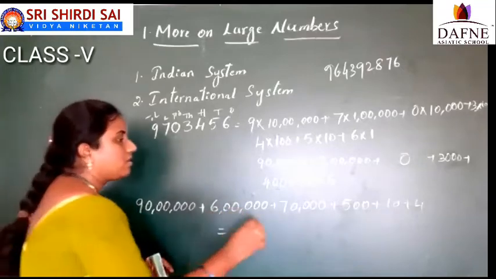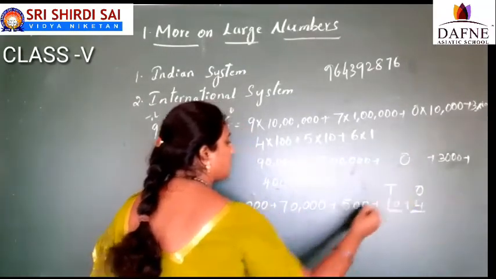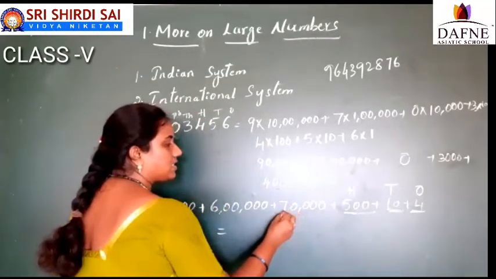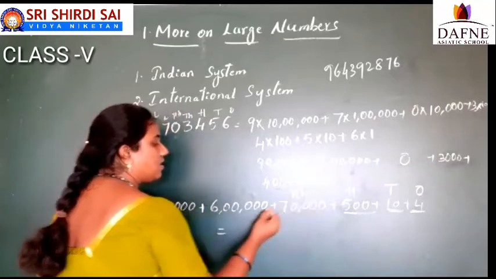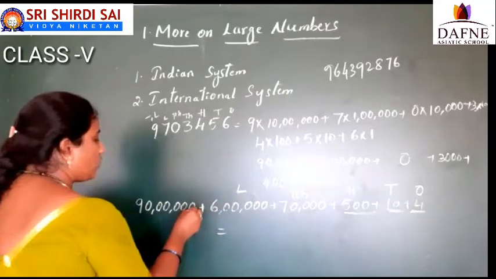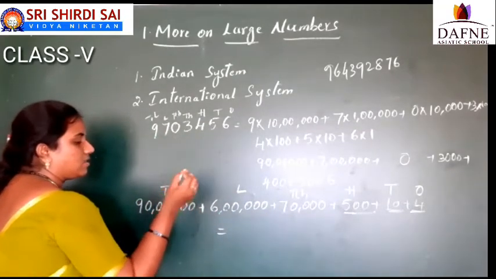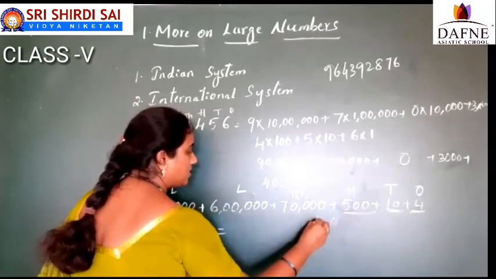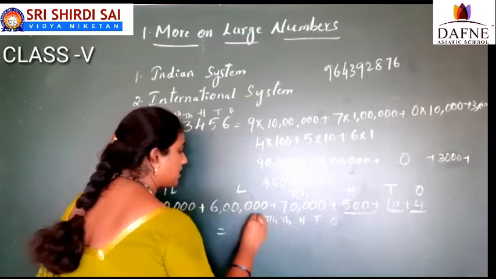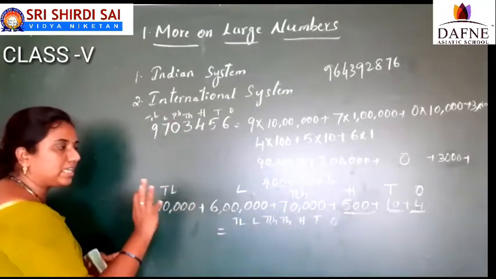See here, this is which place? Ones place. And this one is tens. And this one is hundreds. See here: ones, tens, hundreds, thousands, 10,000s, lakhs, 10 lakhs. So the biggest place value is 10 lakhs. Up to 10 lakhs I have written.